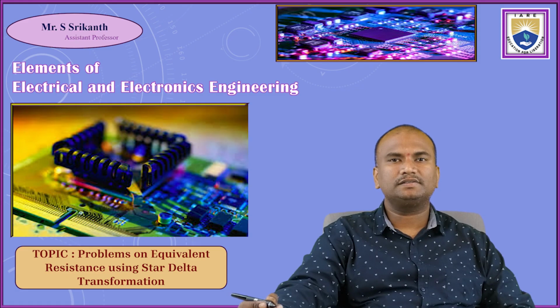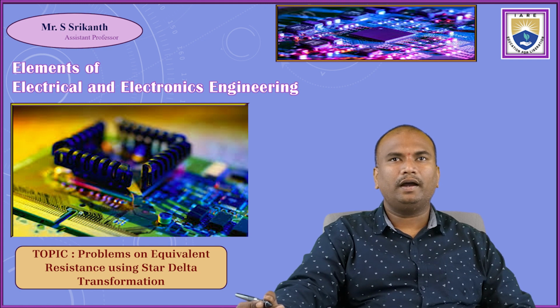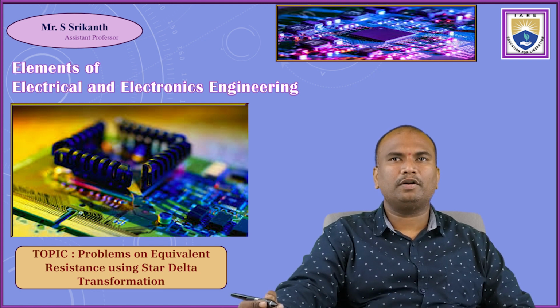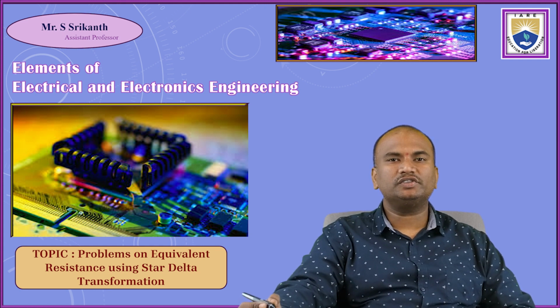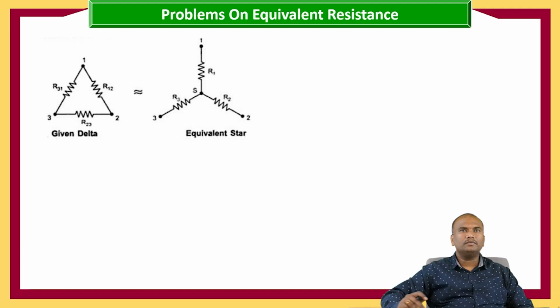In this video, I am discussing the problems on equivalent resistance using star delta transformation. First, let us take the equations for star to delta and delta to star transformation.